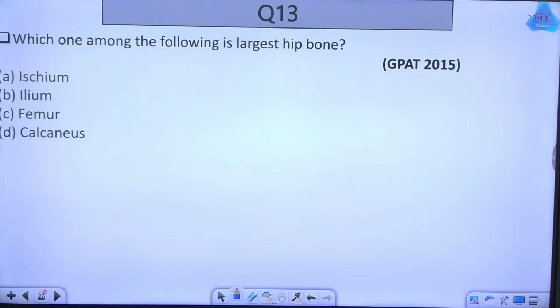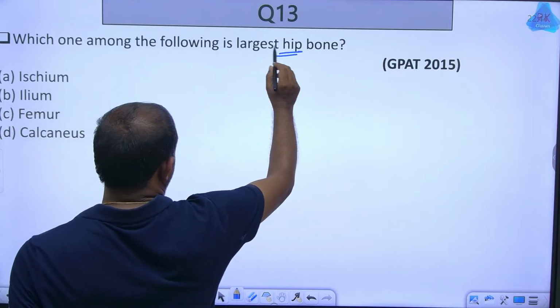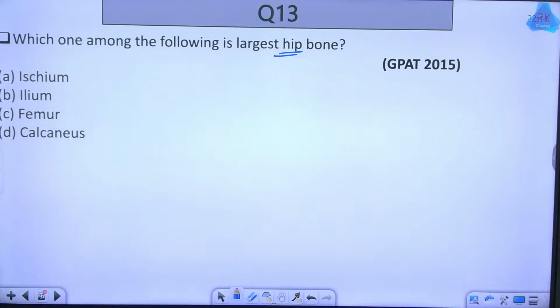Which one among the following is the largest hip bone? Not the largest bone, but the largest hip bone. हिप में अलग अलग बोन्स होते हैं, उसमें से सबसे लार्जेस्ट कौन सा होता है. Right?